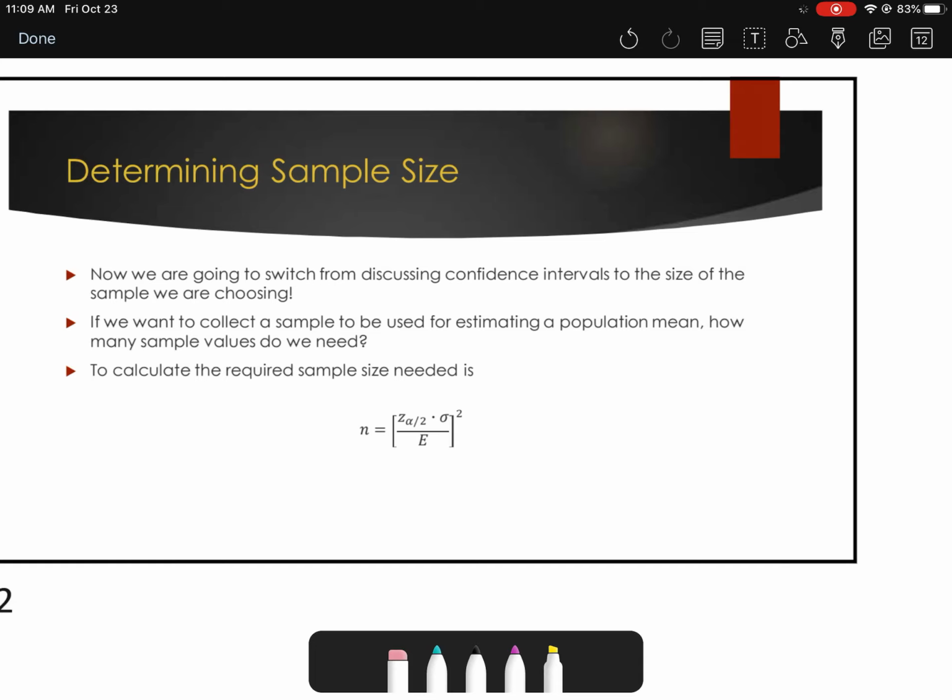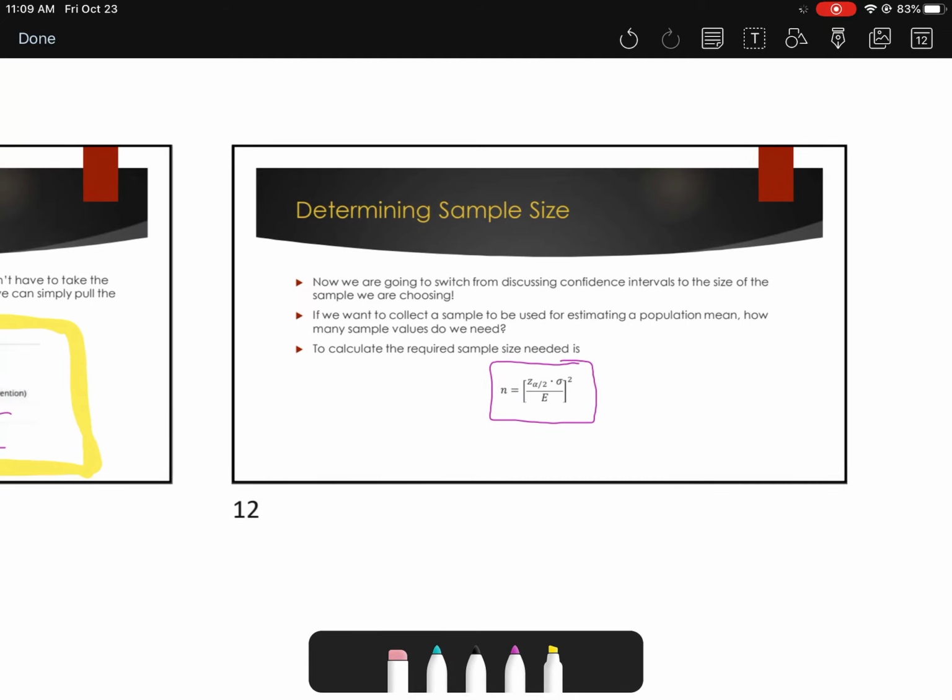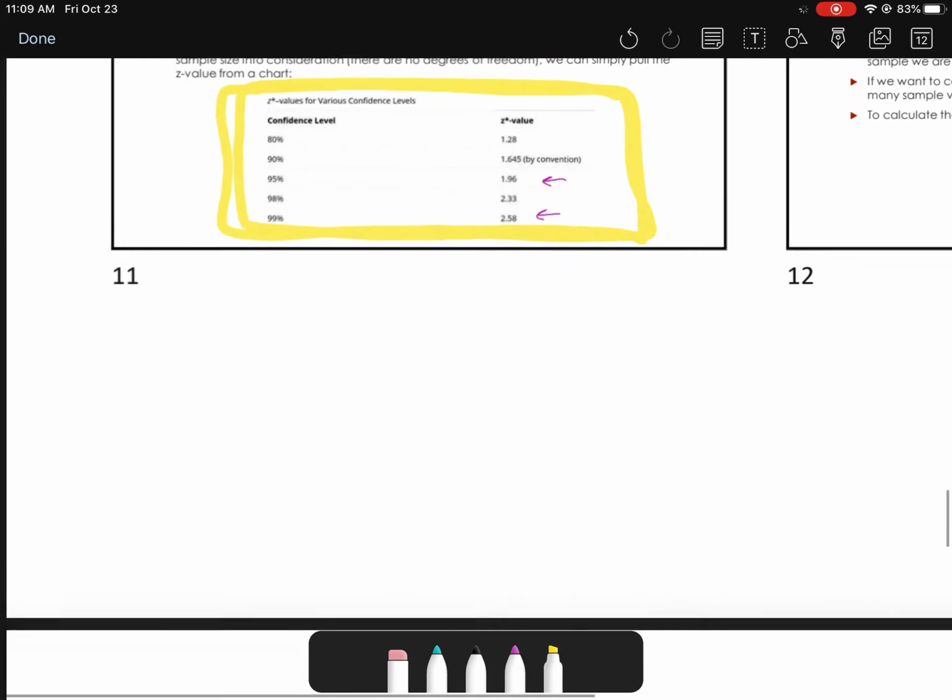Well, to calculate the required sample size, we're going to need this equation right here. So again, another important equation that we're going to need to use. So you have your z-score. And remember, your z-score we're just getting from that table times your population standard deviation divided by your margin of error, and then we square that answer. Kind of a lot, but we got it.